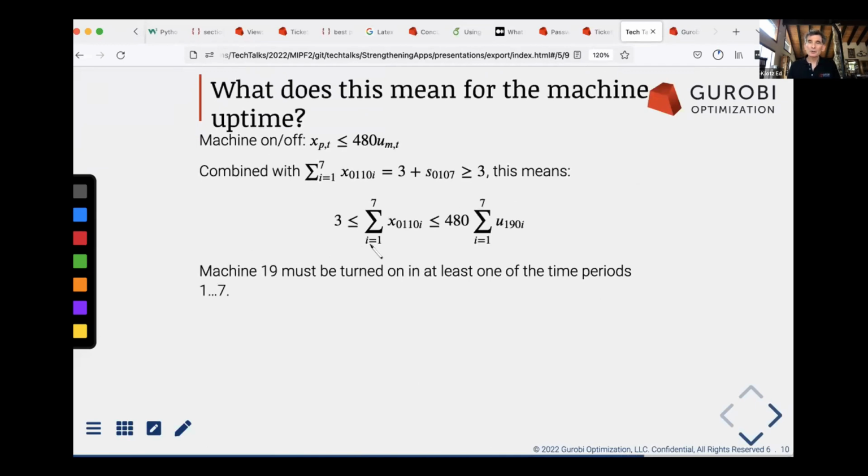So we have to accomplish that by setting the sum of the 7 production variables associated with the time period to be at least 3, and then combining that with our fixed charge constraints on the operation of the machine, we get that this value 3 is less than or equal to 480 times the sum of the 7 binary variables for the 7 time periods for the machine that allows us to produce this particular product.